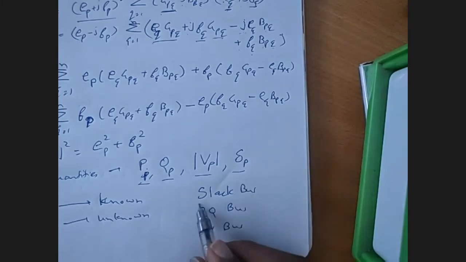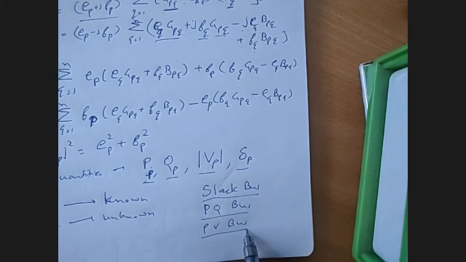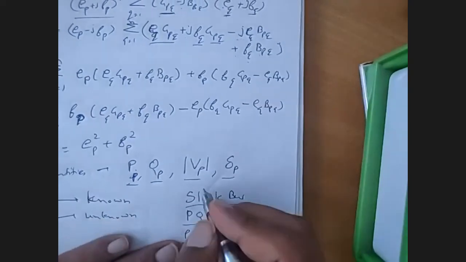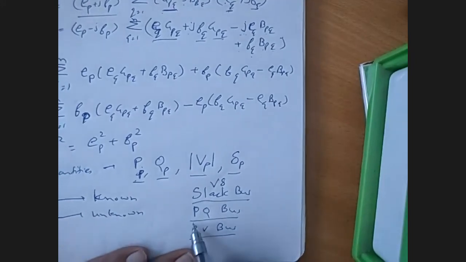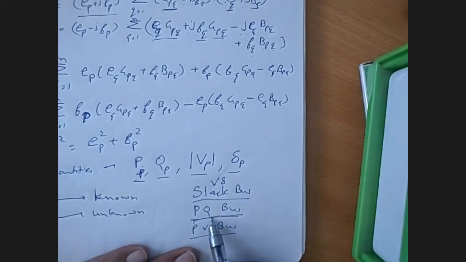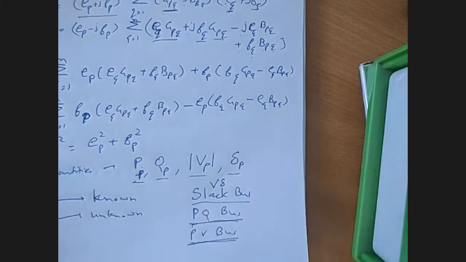At the slack bus, V and delta are known quantities. At PQ bus, P and Q are known quantities. And at PV bus, P and V are known quantities.